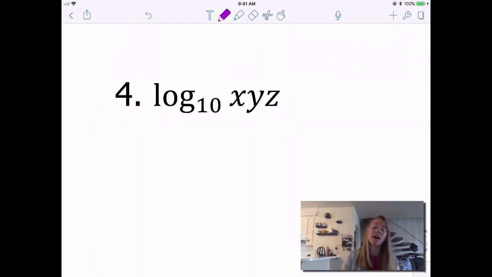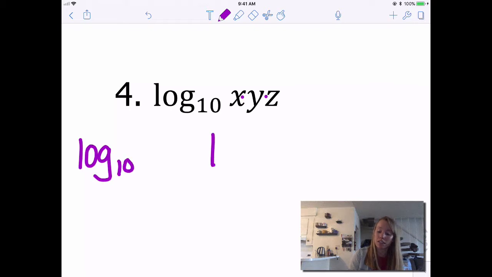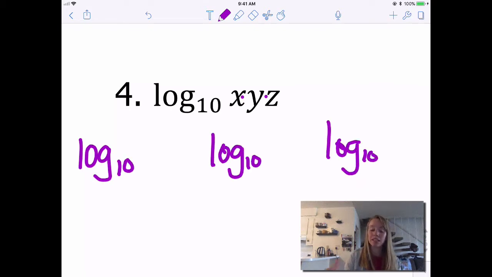I've got log base 10, and then I've got x, y, and z. I have really 3 pieces here, so the number of times I'm going to write log 10 is 3. Log 10, log 10, log 10. Each piece gets its own log. So x, y, z. Notice that 10 is small and our x, y, and z are larger.